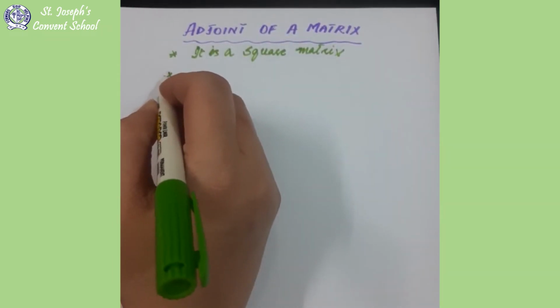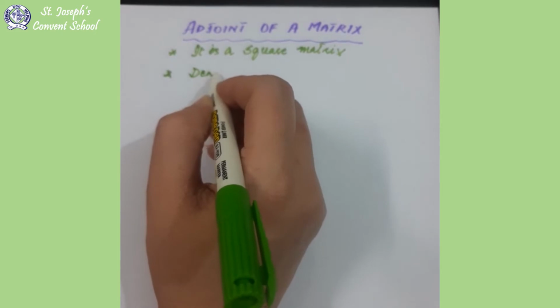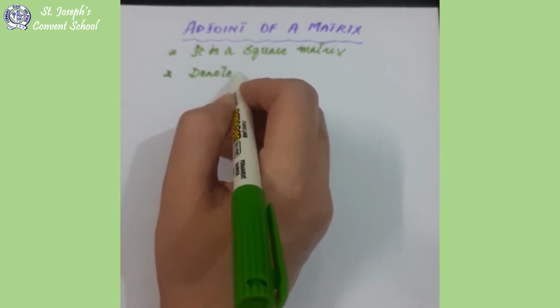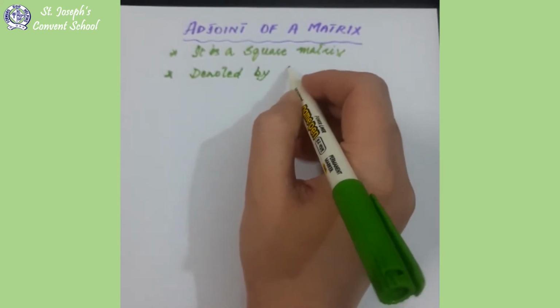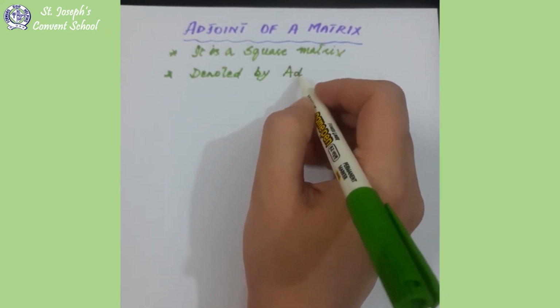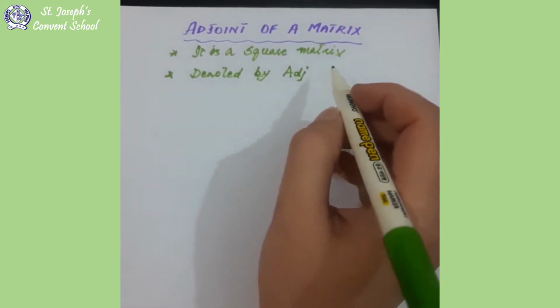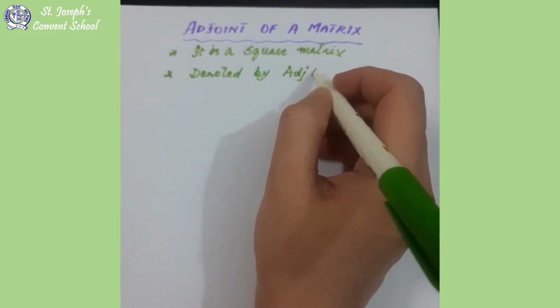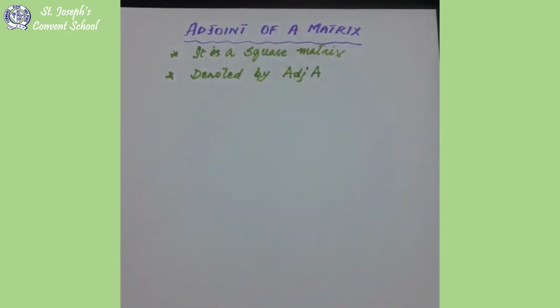We denote this matrix by ADJ. In short form we write ADJ, and suppose if matrix A is given, we'll write ADJ A. If B is given, we write ADJ B. Whatever matrix is given, you will write that matrix name.